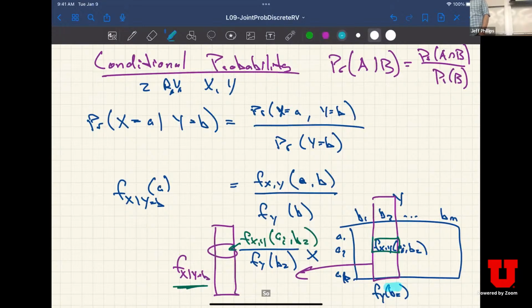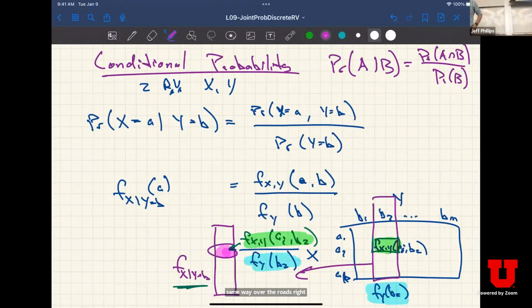So I get this one from down here and this one up here, and together they fill into this cell. So to get the conditional probability, I take that column in the probability table and I'm dividing through by the marginal probability of that column. I can do the same thing over the rows. It would work the same way over the rows, right?